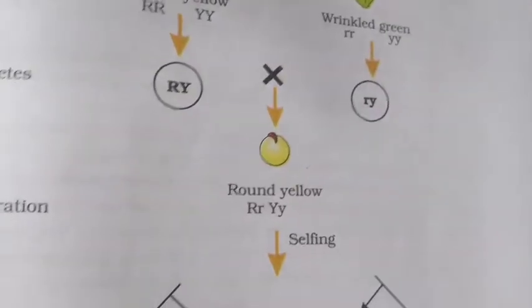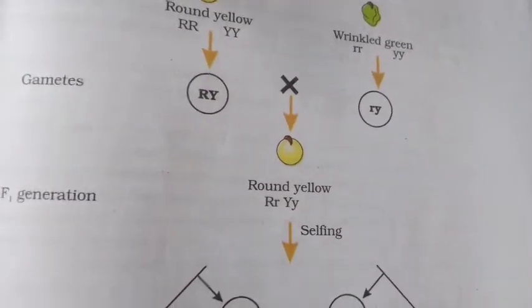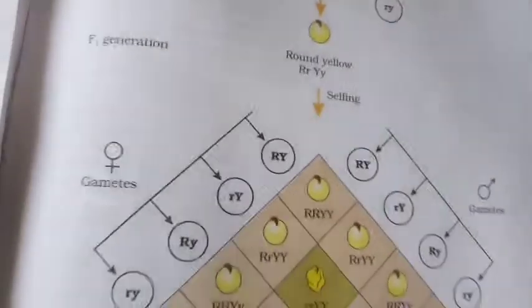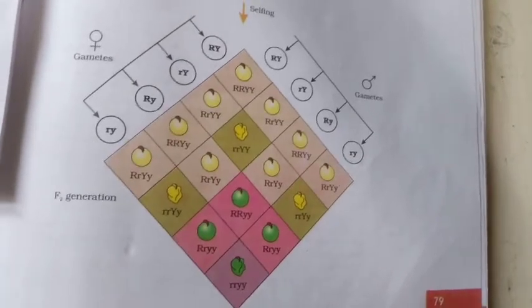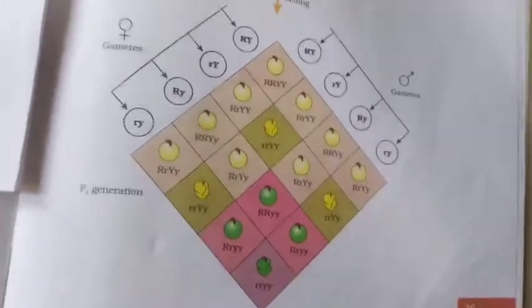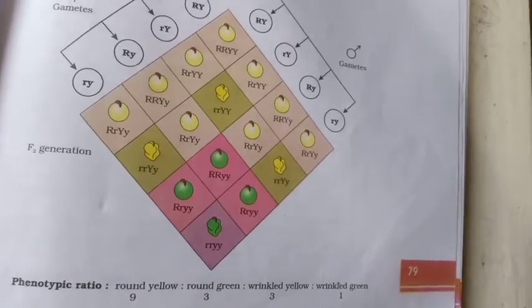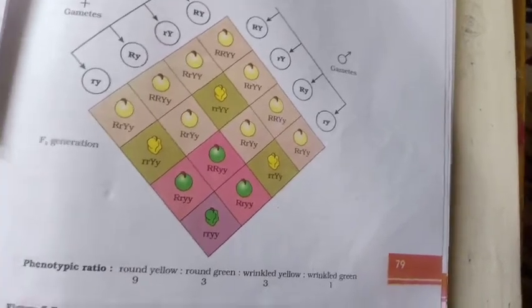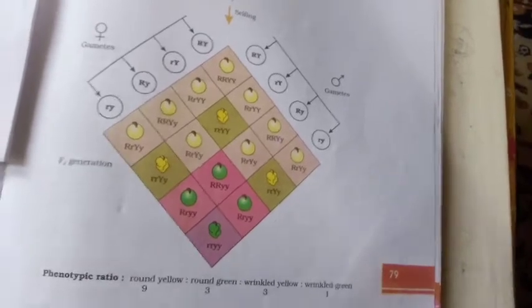All the seeds produced are round and yellow, which are then allowed to self, and the seeds thus obtained are in the ratio, in case of a dihybrid cross, of 9:3:3:1. 9 round yellow, 3 round green, 3 wrinkled yellow, and 1 wrinkled green.